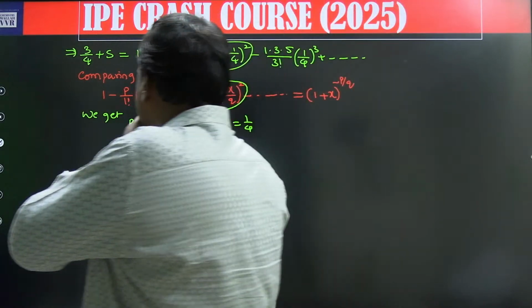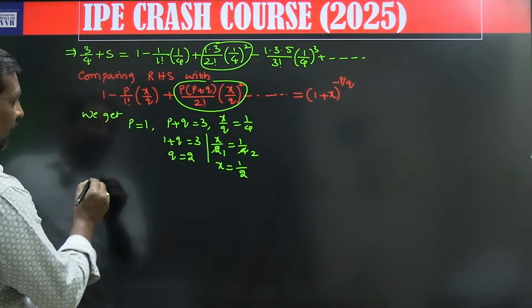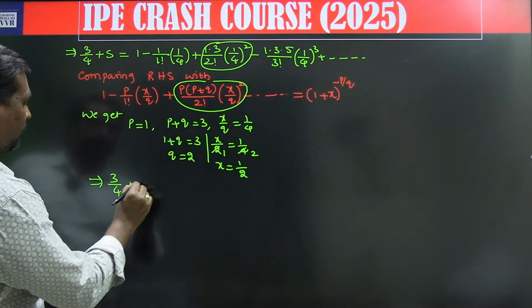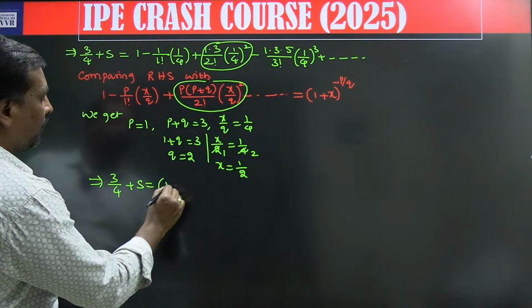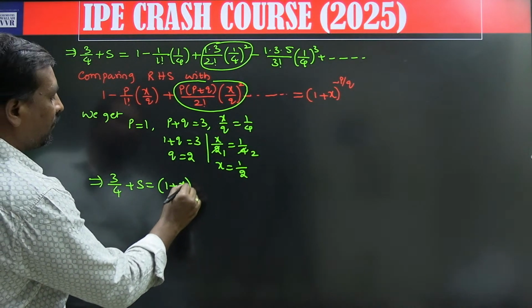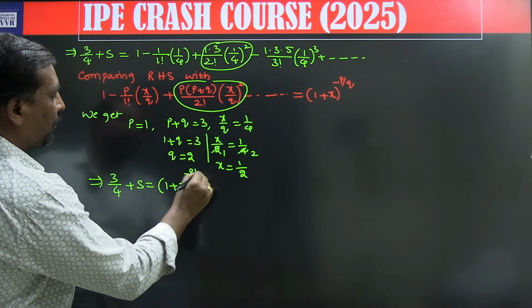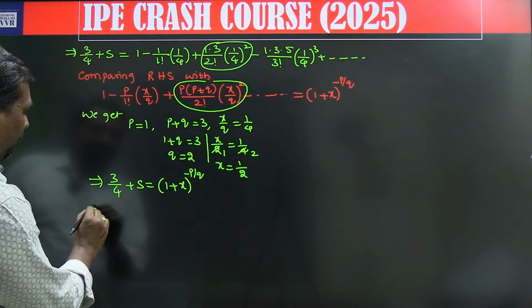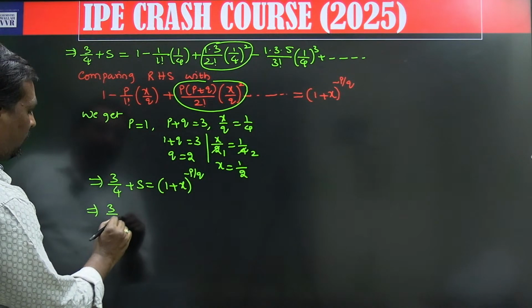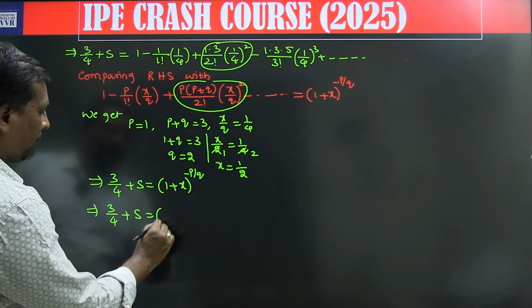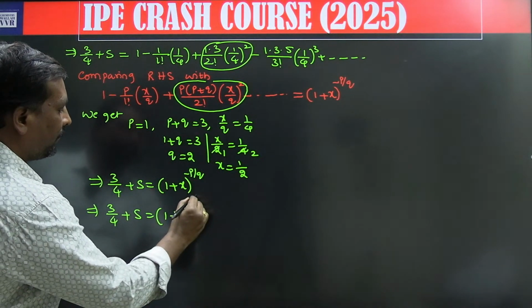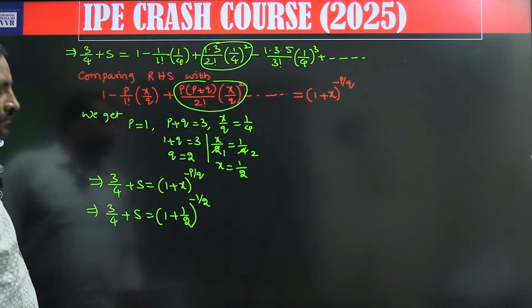So now 3 by 4 plus S is equals to 1 plus x whole to the power of minus p by q. So 3 by 4 plus S is 1 plus 1 by 2 whole to the power of minus 1 by 2.